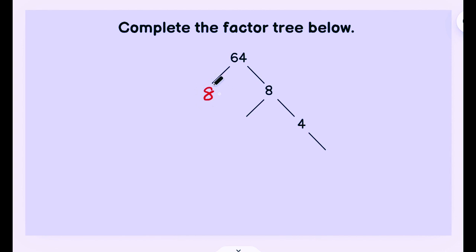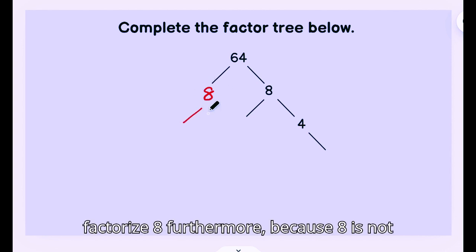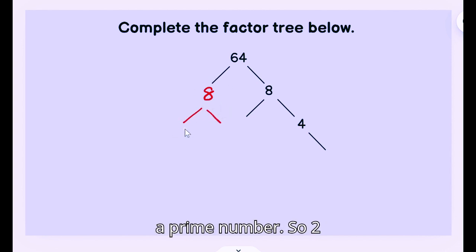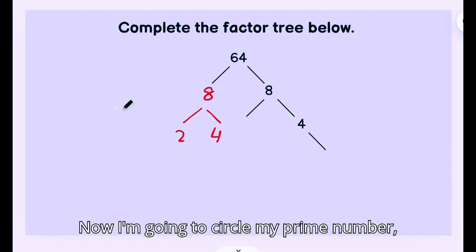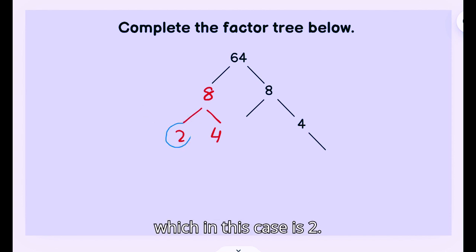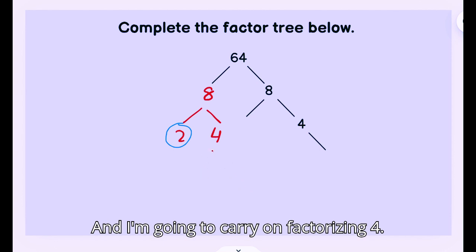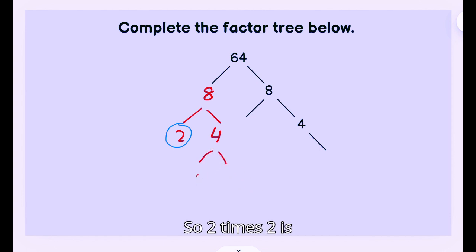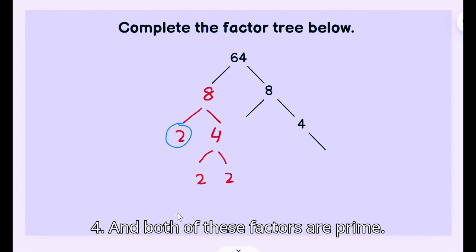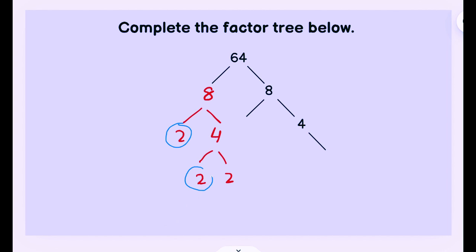Now I'm going to factorize 8 furthermore because 8 is not a prime number. So 2 times 4 gives me 8. Now I'm going to circle my prime number, which in this case is 2. And I'm going to carry on factorizing 4. So 2 times 2 is 4. And both of these factors are prime.